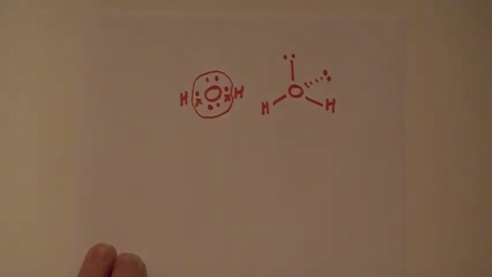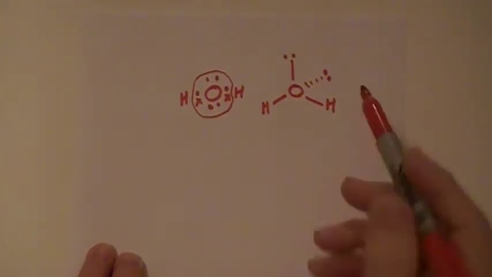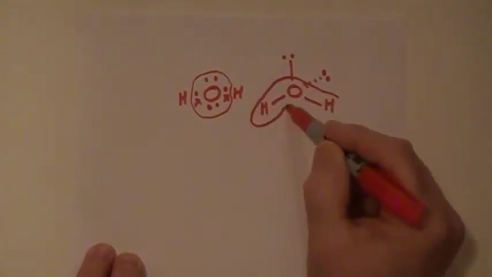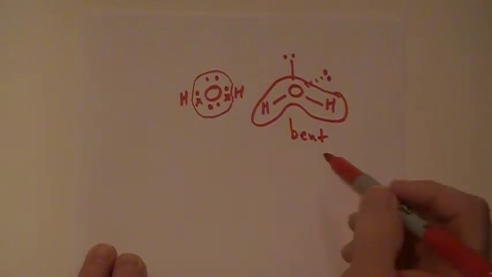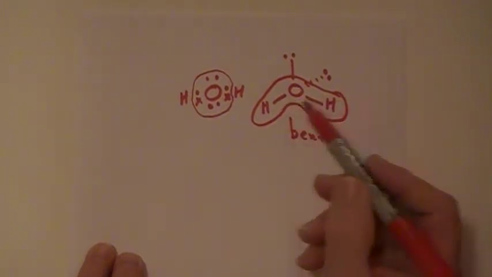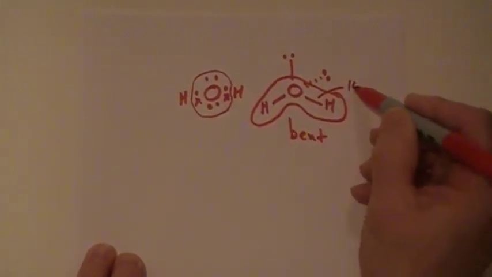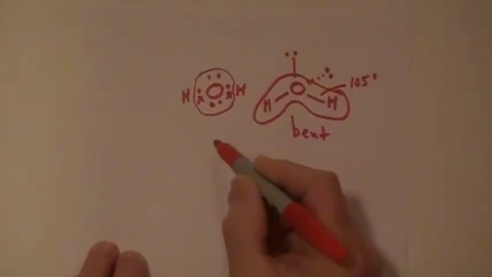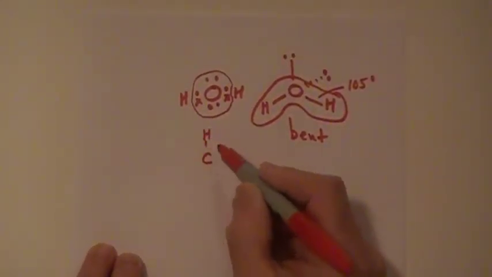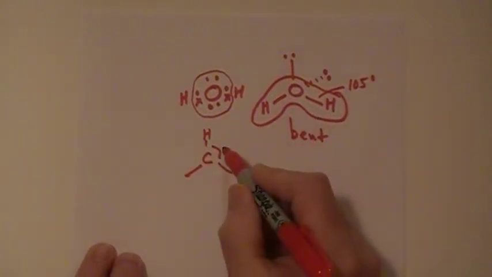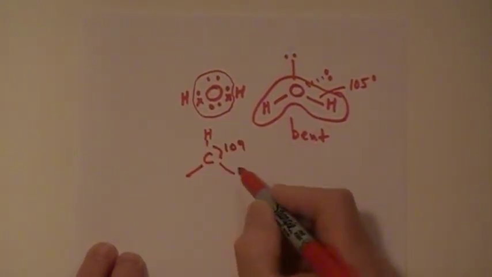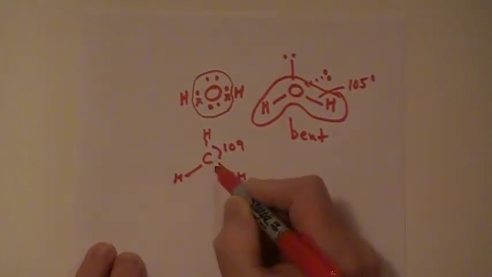Because when we look at a molecule we don't see the electrons, we only see the atoms, water is bent. The structure is bent, and the geometry here is about 105 degrees. I didn't mention it before, but the geometry of a tetrahedron is about, I think it's 109 degrees between the different atoms.